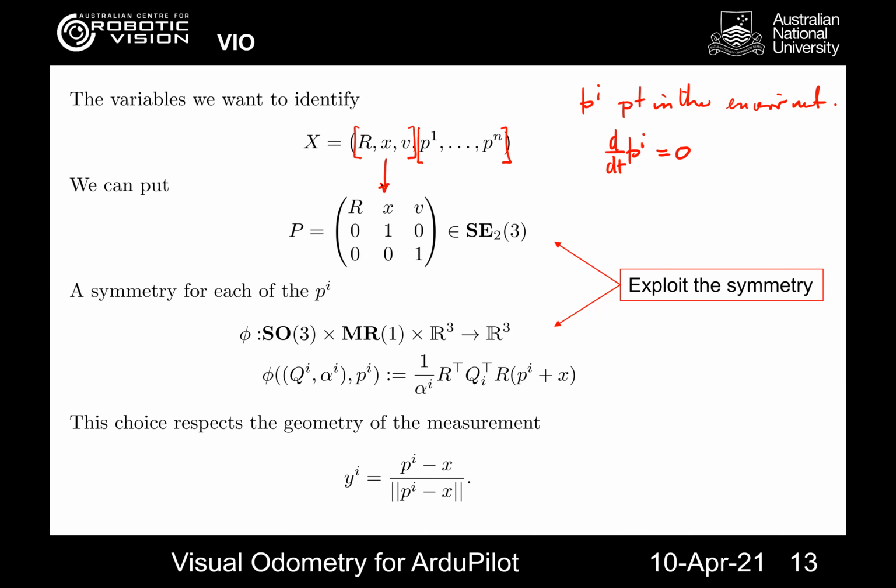And then we have to introduce a rather unusual geometry on these points. It involves a rotation matrix, which isn't the state of the robot, and a scaling factor. The reason we've got these two parts of the geometry is that when you have a visual bearing of a point, the symmetries of that bearing, the things that you can do with it symmetrically, is you can rotate the point and you can scale the point.